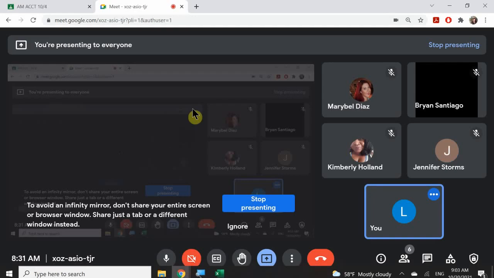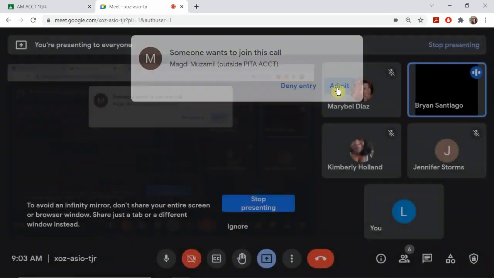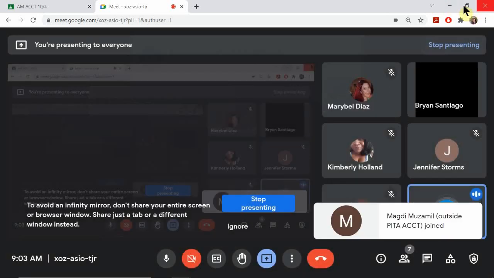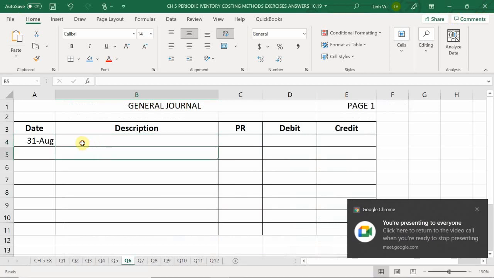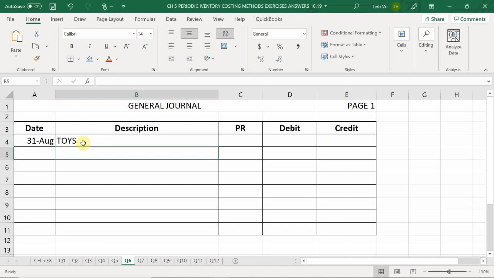We start off with toys, or inventory. Okay, toys. You want to plug in the numbers now as we go through it, or how do you want to do this? Let's start.